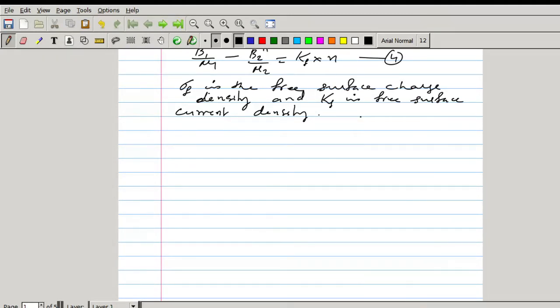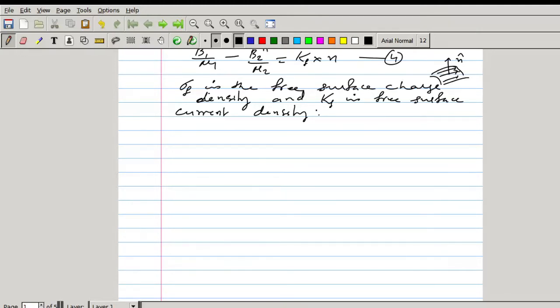So Kf is the free surface current flowing parallel to the surface, not across it. n is a unit vector perpendicular to the surface.